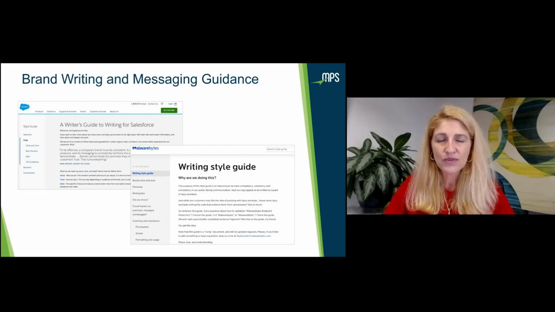You want to note those if there are some points of consistency that are really, really critical to communicate. The examples here are from Salesforce and Malwarebytes, but you'll find these across the world. If you do some Google searches, you can find some samples if you would like to reference those.